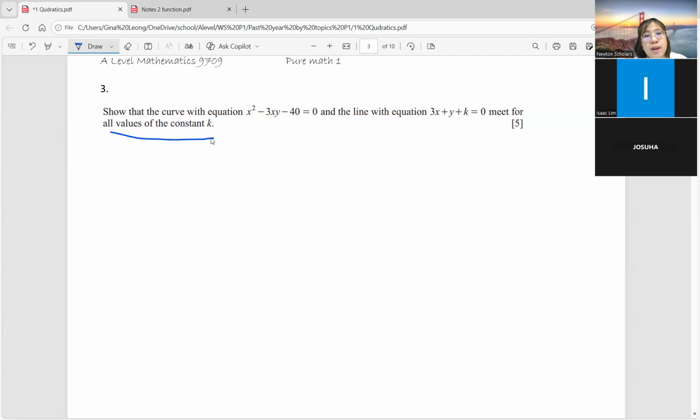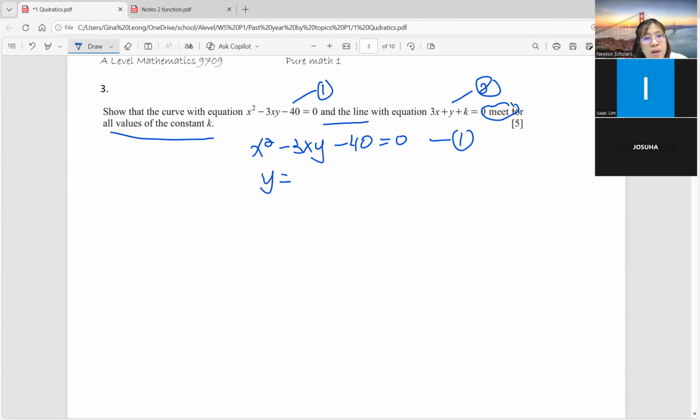Okay, so when he said that he meet here, for the curve, that means we need to do equation 1 and equation 2. So we put x squared minus 3xy minus 40 equal to 0. This is my equation 1. For this case, you try to change it first, so I will get negative 3x, negative k. This is my equation 2.